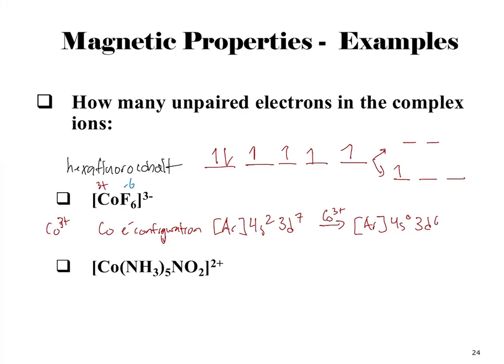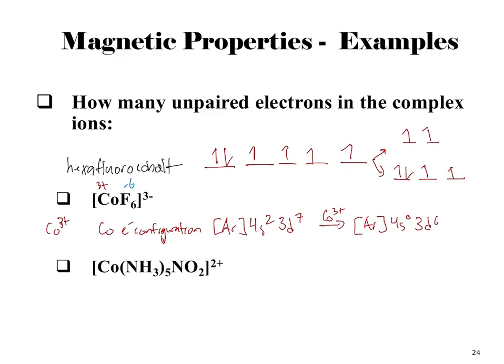Right, so we fill in all the spaces, 1, 2, 3, 4, 5, and then 6. So we see that if it was a strong field complex, we would have no unpaired electrons, right? Because those 2 electrons would be down here.